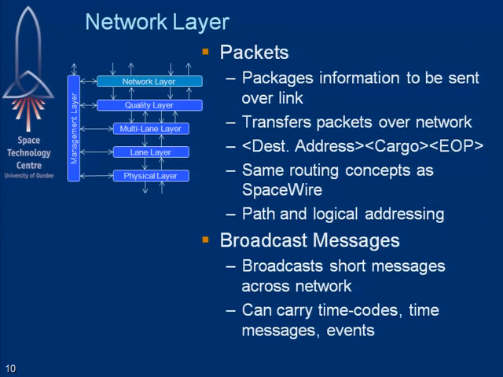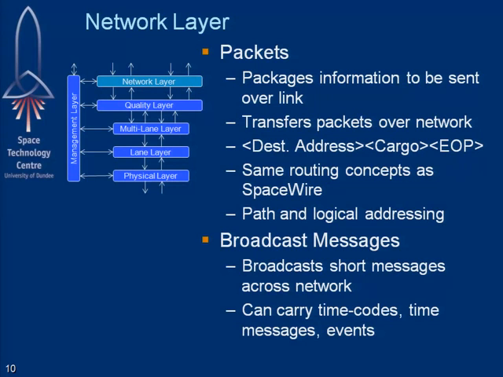So looking at the different layers, first of all, we've got the network layer. This is responsible for packaging information to be sent over the link and for transferring those packets over the network. The SpaceFibre packet is the same as SpaceWire. It has a destination address, cargo, which is the data you want to send, and an end-of-packet marker.